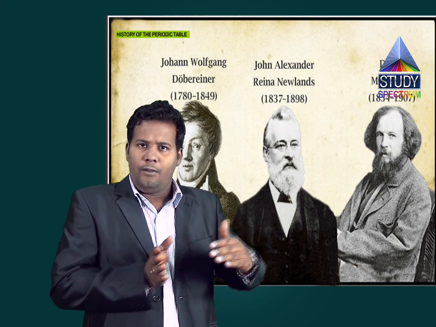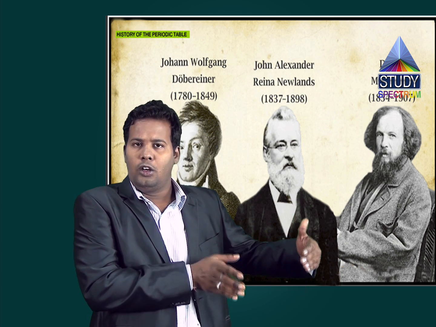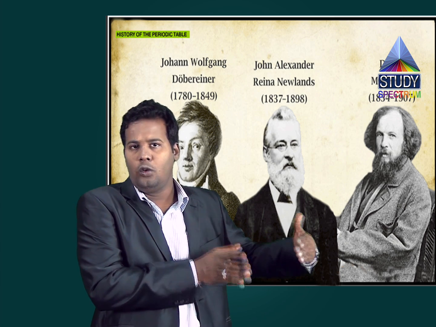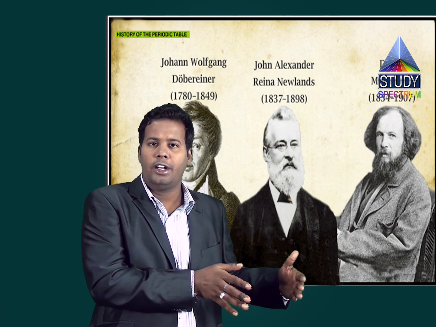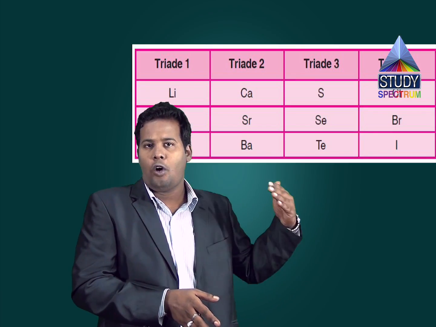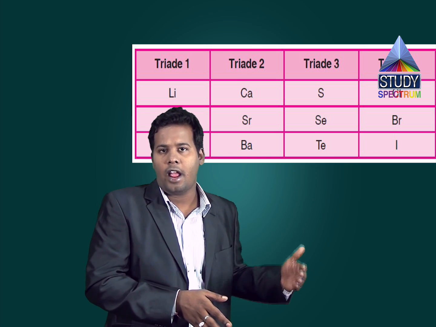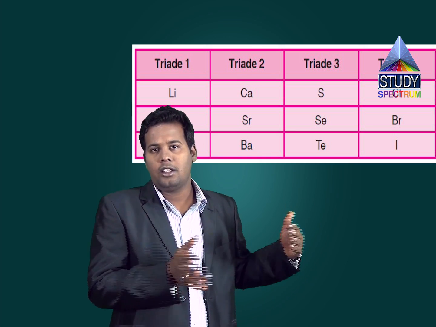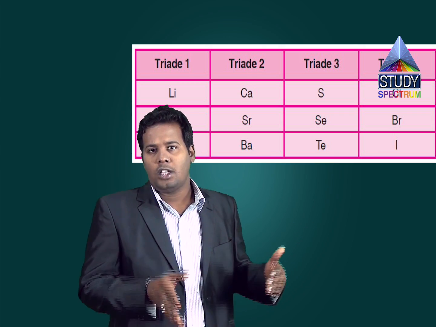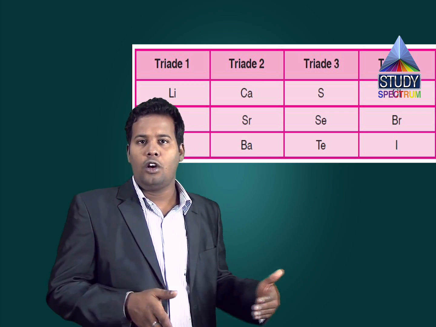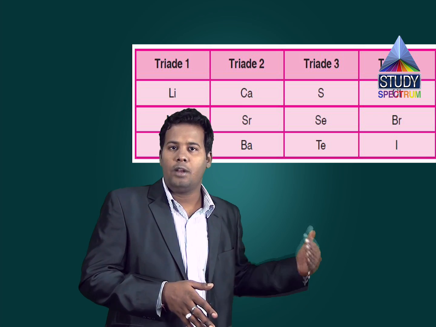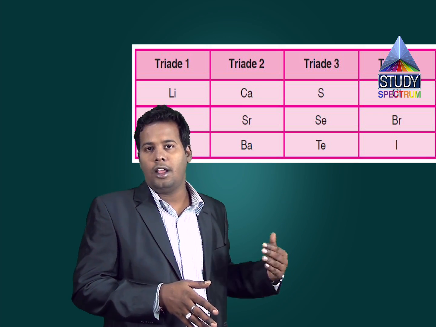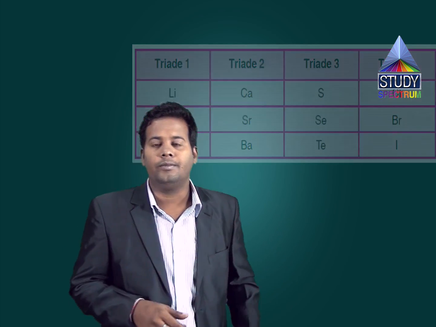Now, we have seen Dobereiner and Newland's work for the periodic table, their classification of elements. Dobereiner formed 4 different triads and gave the law of triads, with increasing order of atomic masses as his basis, and the law was that the atomic mass of the middle element of each triad will be the average of the first and third element of that triad.